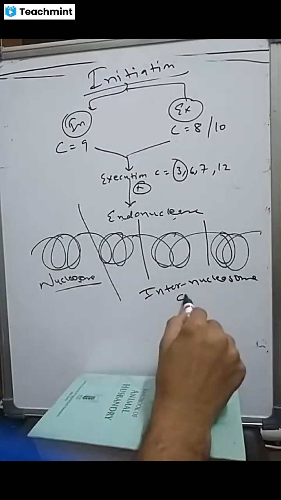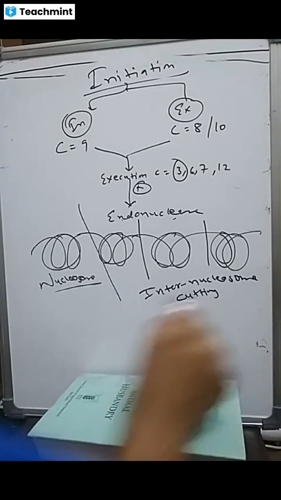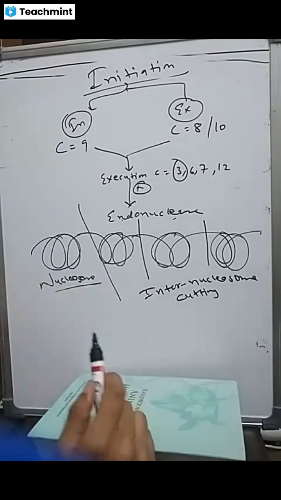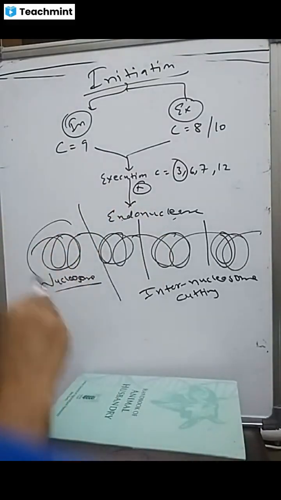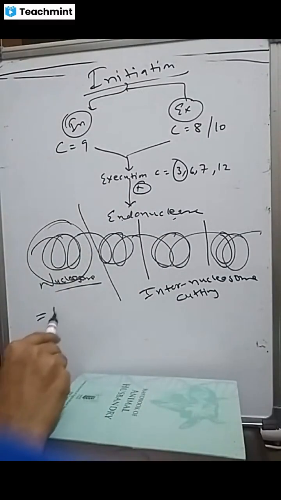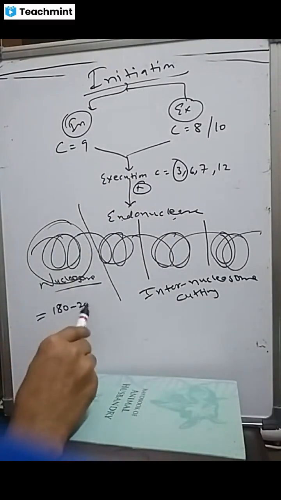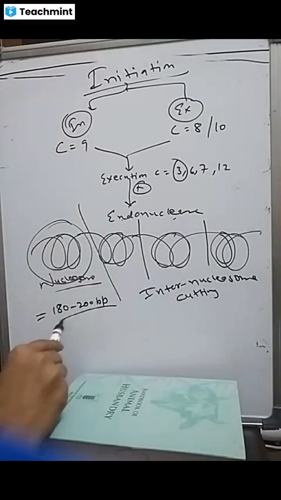Internucleosome cutting. This cutting in between the nucleosomes will give fragments of 180 to 200 base pair.